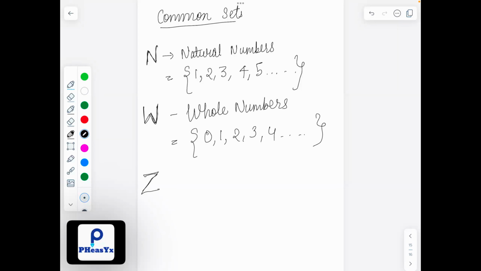Next is set Z, which is integers. All positive and negative numbers, including 0, come under integers. In this way, we usually denote sets. Remember to apply curly braces.